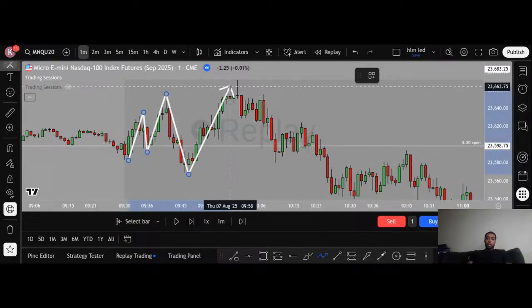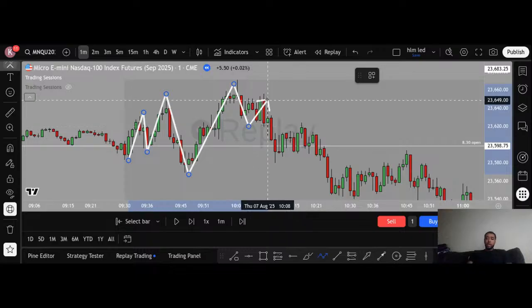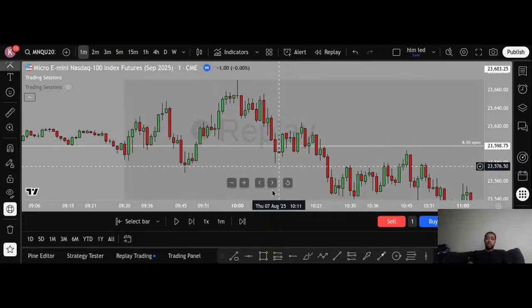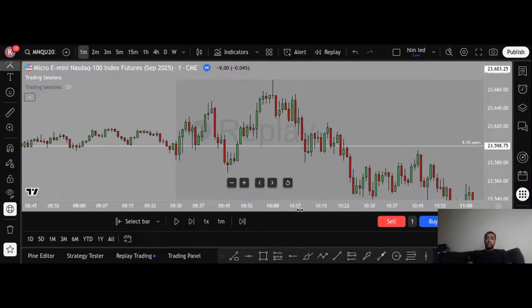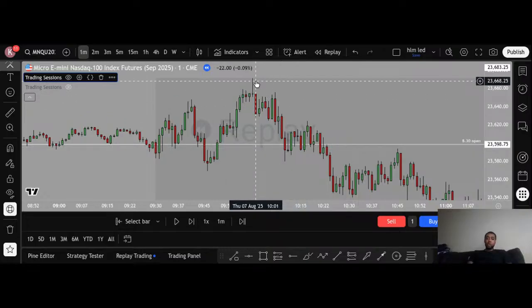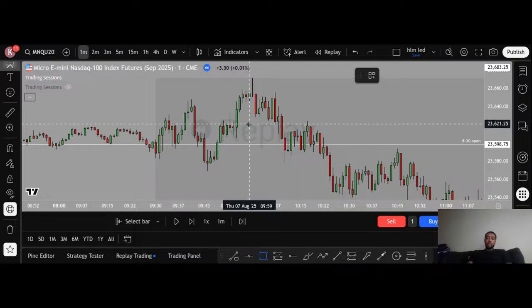So when you start becoming more patient, you start to realize what's really going on. So then we start after 10 o'clock. Because usually after 10 o'clock, that's when we start getting the nice displacement. So you see, swept the highs, come up, looking for anything that's bullish to get used as an inverse.